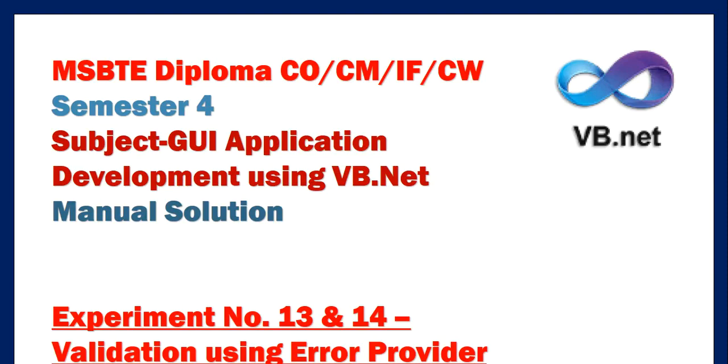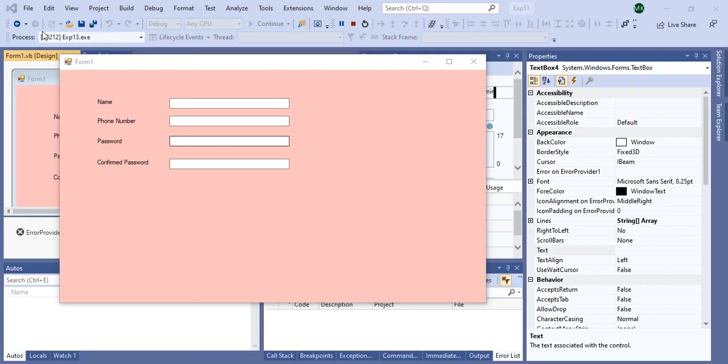In this video, we will study exercise number 13 and 14, which is combined form validation using error provider control. So first we will see the output. In this output, these are four labels: name, phone number, password and confirm password.